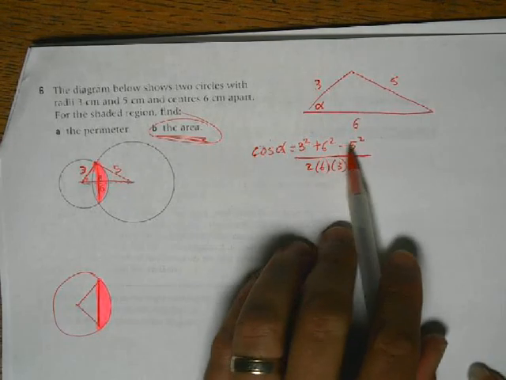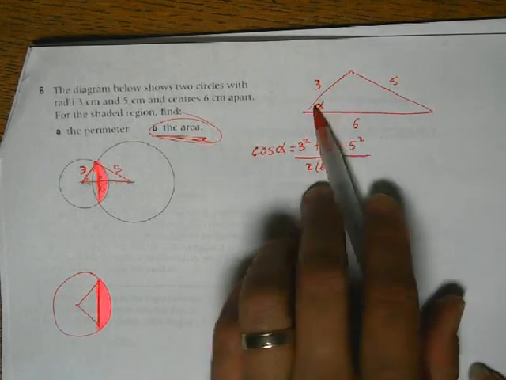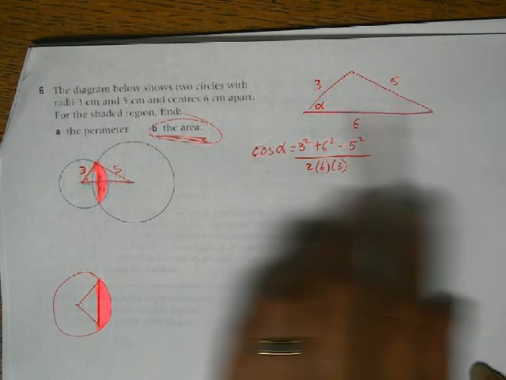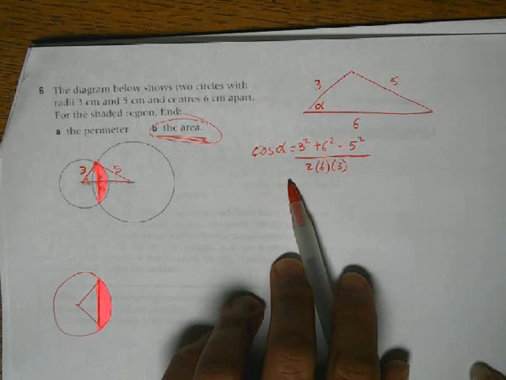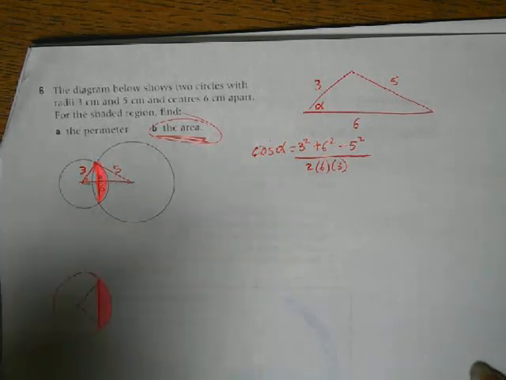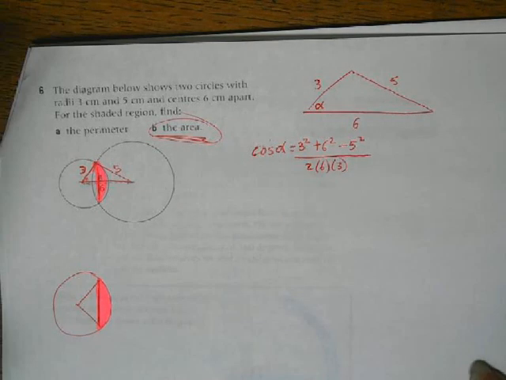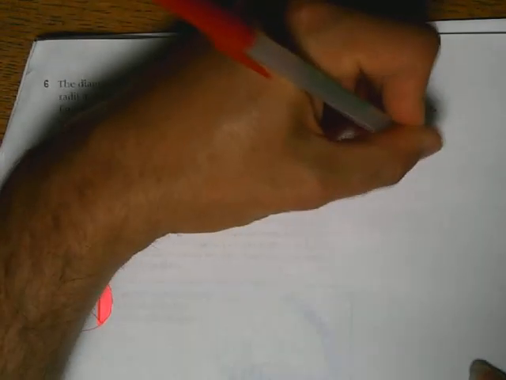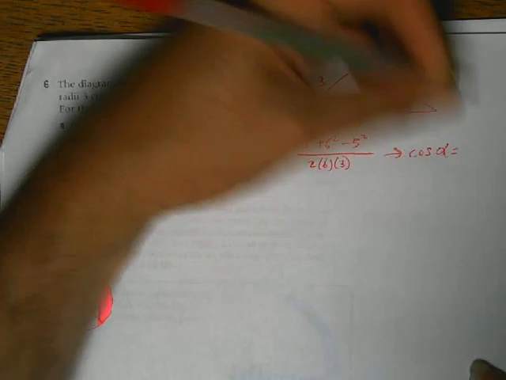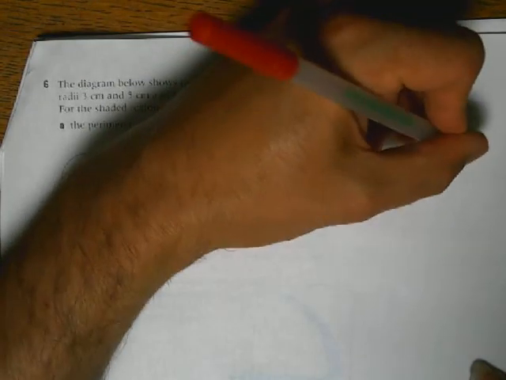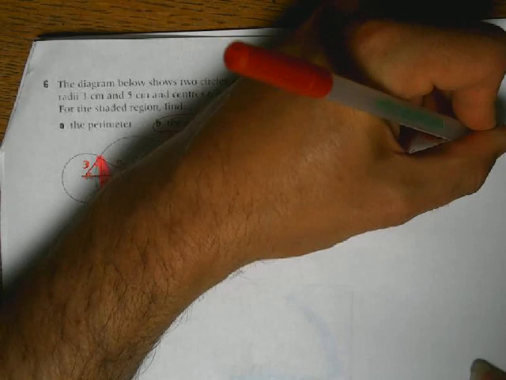This number here is always the one that's farthest away, across from the angle that we're trying to find. Okay, so if I type this into my calculator, then I end up with cosine alpha equals 0.555 repeating.